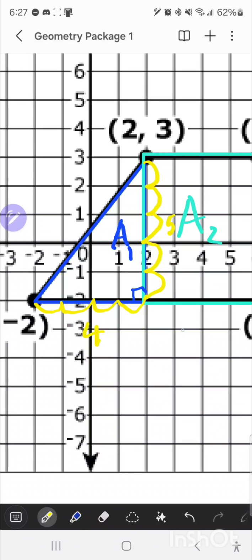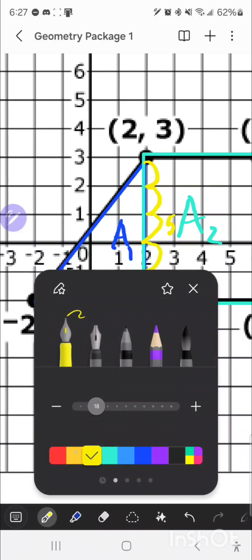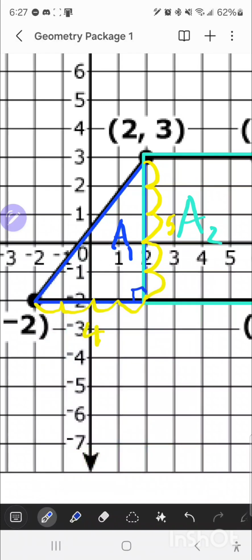So this is 5. I have my base and my height already because we only need the length of the legs, not the hypotenuse. When it is a right triangle, we can consider those sides as the base and the height.